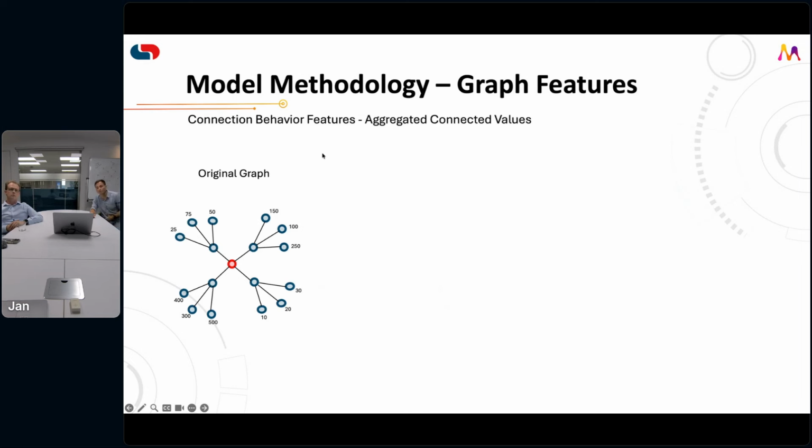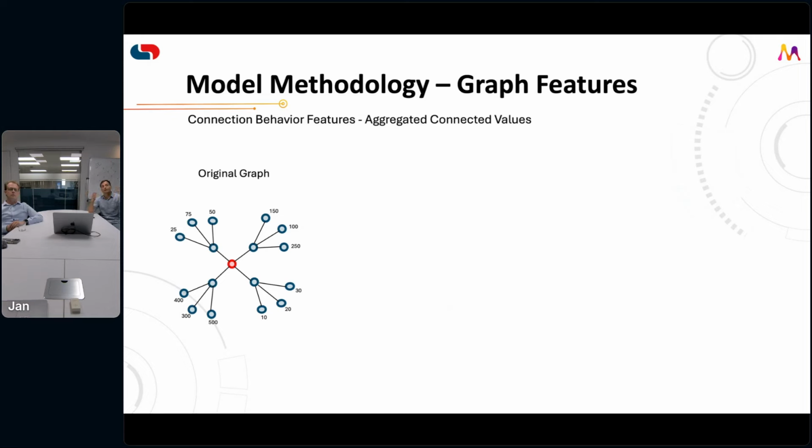Now, what we mean with that is that if you look at this original graph here, what you'll see is 2 hops away from that red node, we have feature values inside of the nodes 2 hops away.